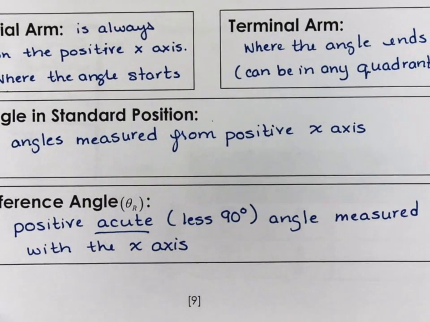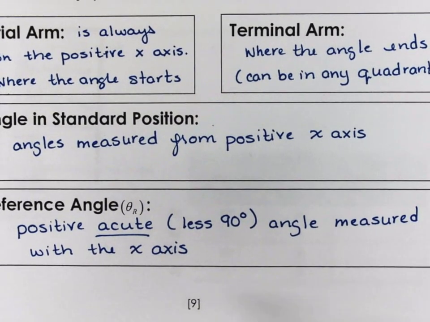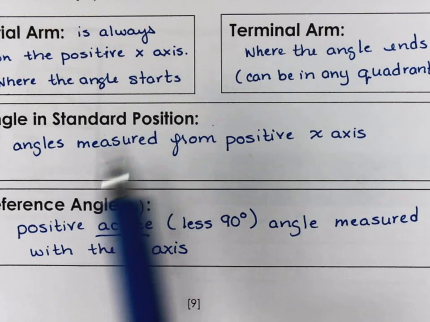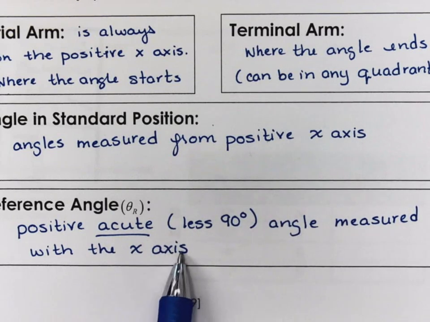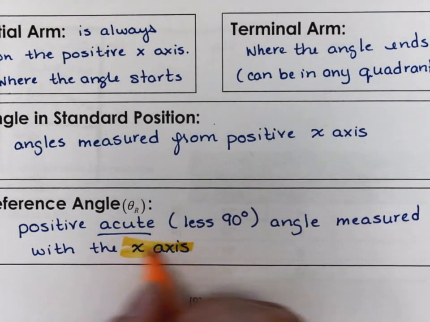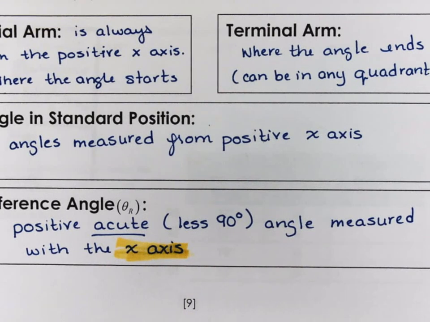Now, you guys are like, Skyline, that's the exact same definition that you gave us for the initial arm or the angle in standard position. One word's missing here. This one says positive x-axis. This one just says the x-axis, so it could be on either side. But the thing that you have to remember is that it's tied to the x-axis, not the y.